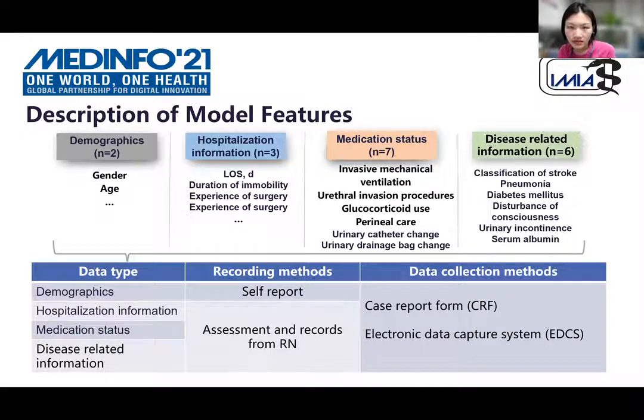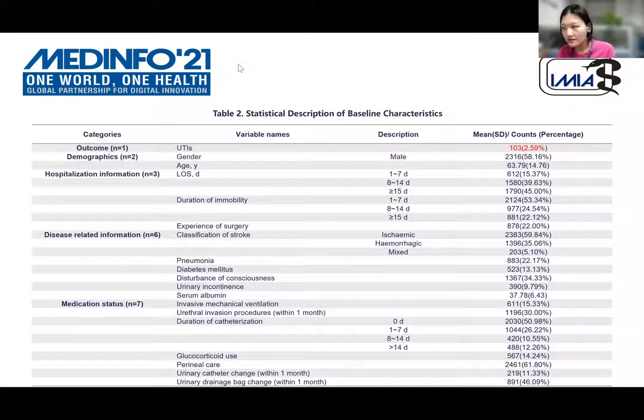We recorded this information by self-record or assessment and the records from the registered nurses. Also, we set the cutoffs of 1 week and 2 weeks for length of stay, duration of immobility, and length of urethral catheter indwelling. Table 2 shows the whole view of the variables contributing to this model.